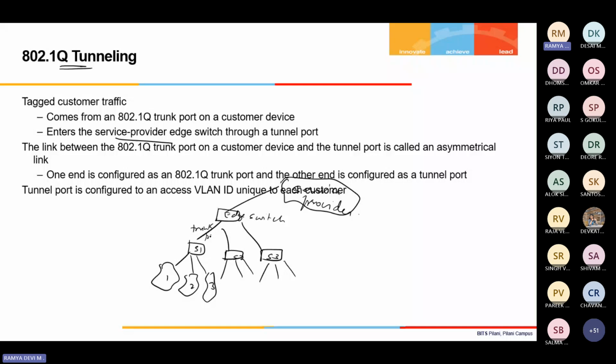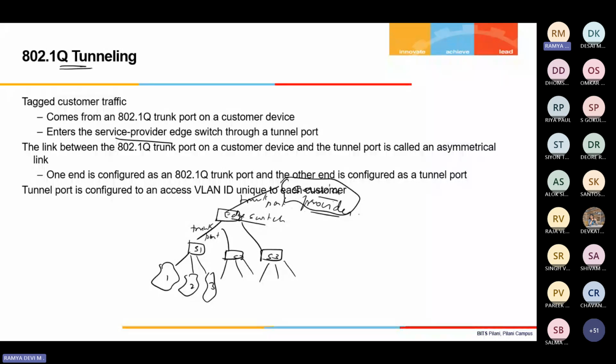This is also a trunk port which will be carrying the frame, and the tagged information will enter the service provider network with the help of an edge switch. Then the service provider switch, a layer 3 switch or even a router, will be there. A switch to router will be connected with the help of a trunk port.